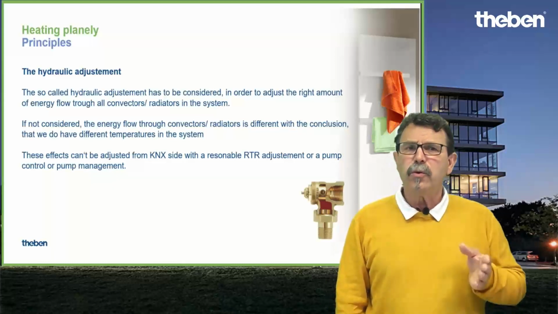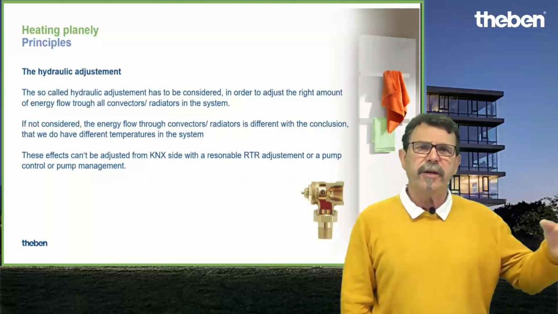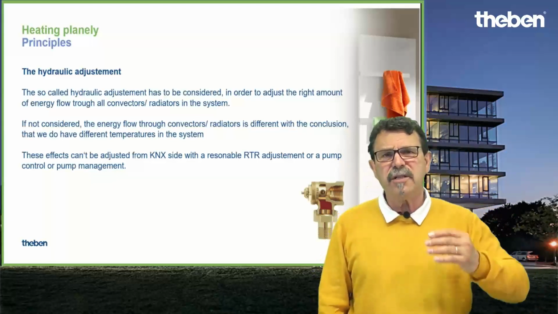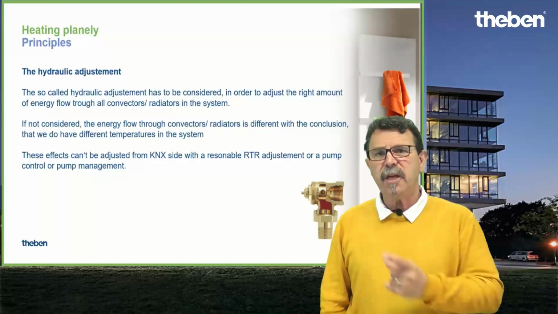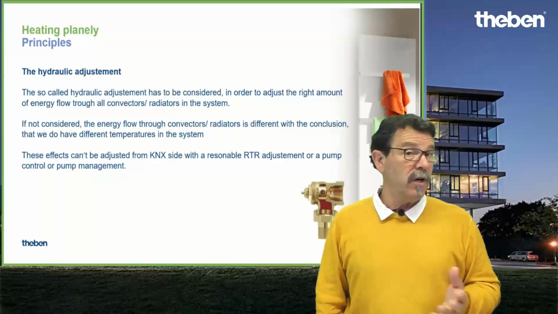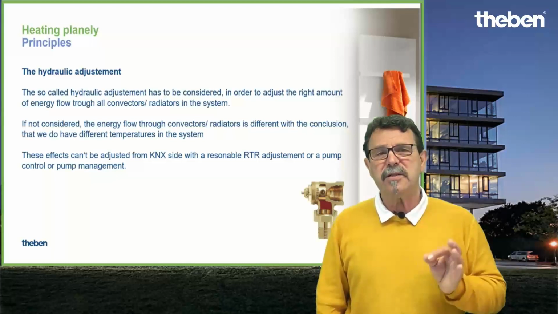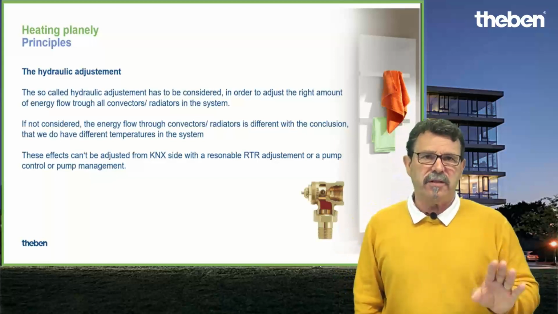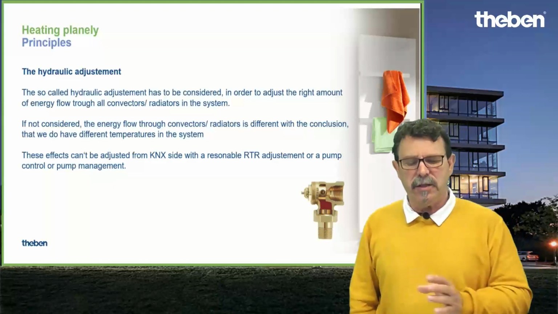What does it mean? The water flow through this radiator has to be equal to the next radiator and the one after, so that all radiators have the same amount of warm water flowing through the heating system. If this hydraulic adjustment is not made properly, you get such effects. And you can't manage it with any kind of KNX application modifications. So forget this. This is a hardware problem which has to be solved by the heating specialist.